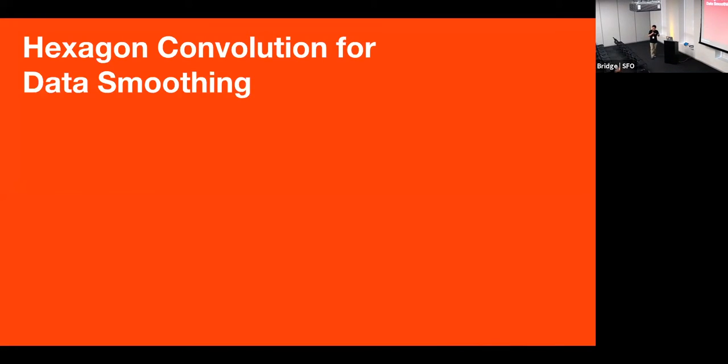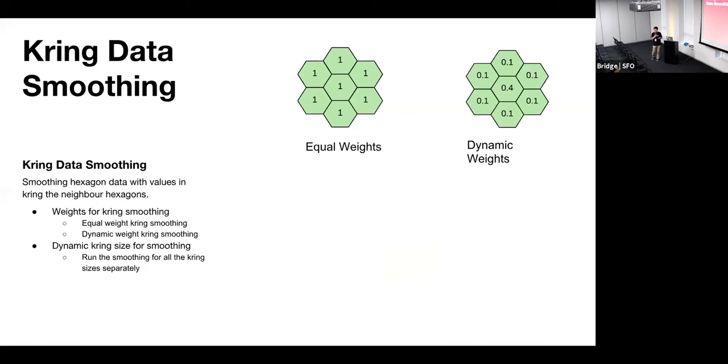Next, let me talk a little bit more about how we are going to use the Hexagon convolution for this keyring data smoothing. Recall how we do the keyring data smoothing. The rough idea is that the only thing we need to change is to set different filters. For example, here I show some examples. The first one is a one ring filter.